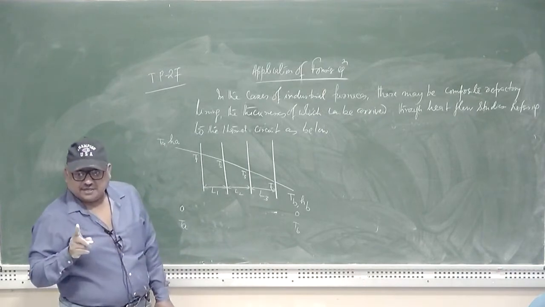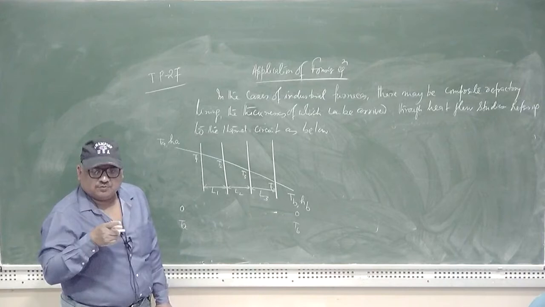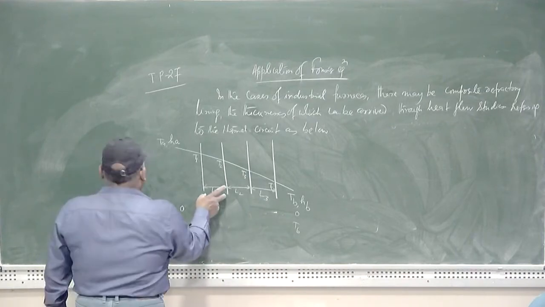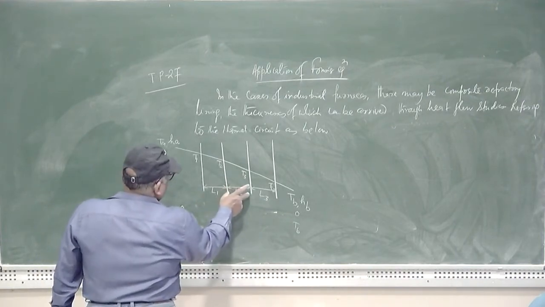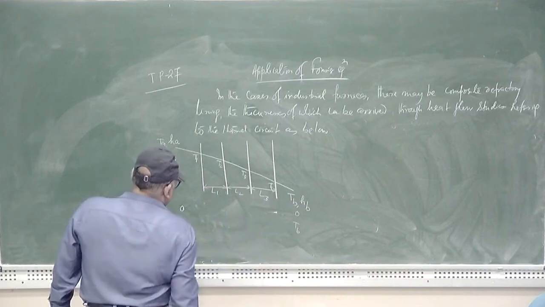That means some sort of resistances will be offered by this L1 thickness of the refractory lining, L2 thickness of the refractory lining, L3 thickness of the refractory lining.